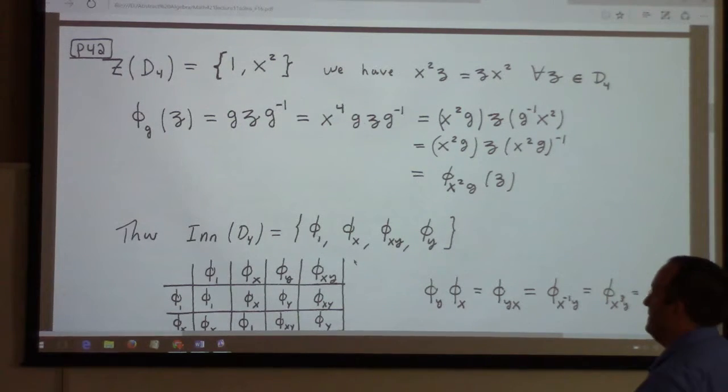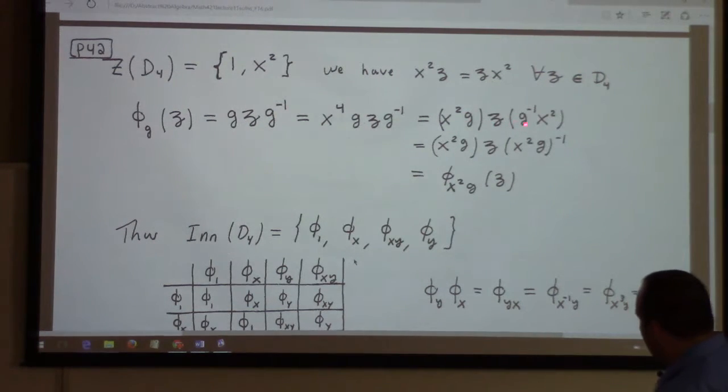So if I look at phi g of z, well that's g z g inverse, but that's x to the fourth because that's 1, right? And so that's x squared g z g inverse x squared. I moved the x squared over there because x squared commutes with everything.